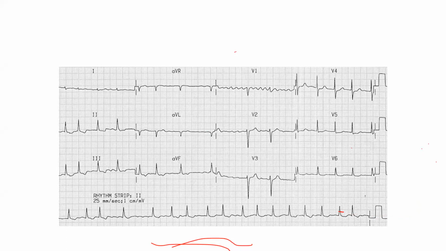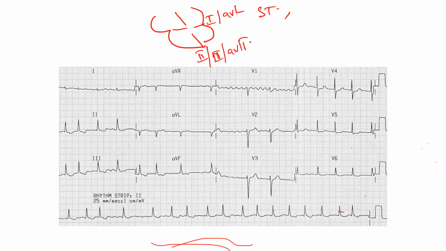To identify MI, should we look at V5 or? It depends upon which part of the heart is getting affected. For example, when you find typical ECG changes like ST elevation, lead 1 and AVL are going to face the left side of the heart. Leads 2, 3 and AVF face the base of the heart, and AVR faces the posterior or right side of the heart.